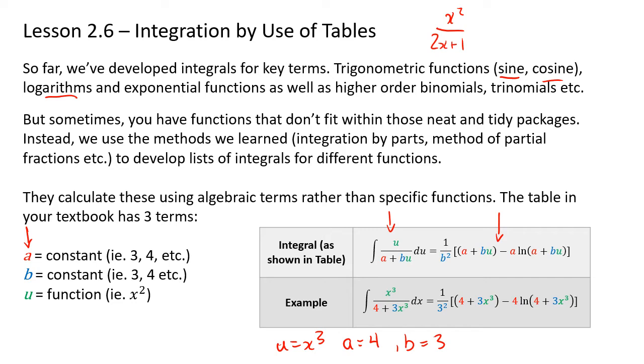So using the table, you know that this is the integral. It provides you that, so you can simply substitute the values in. So it becomes 1 over b squared, which is 1 over 3 squared, multiplied by the first brackets, a plus bu, which becomes 4 plus 3x cubed, minus a, which is 4, times the ln of 4 plus 3x cubed, the same term.